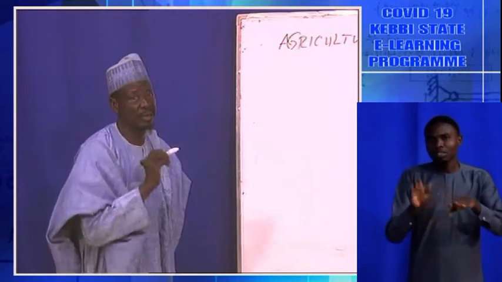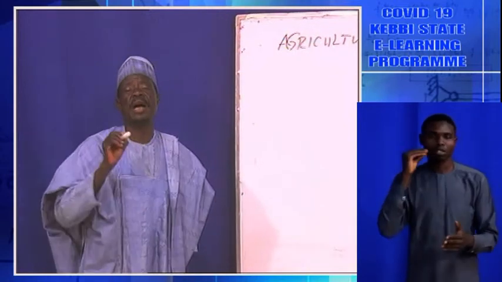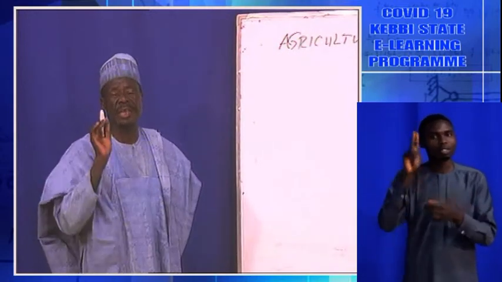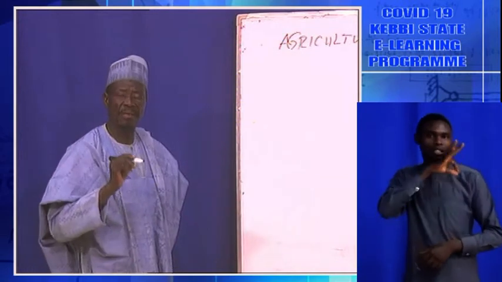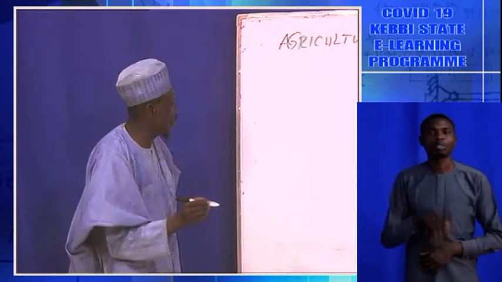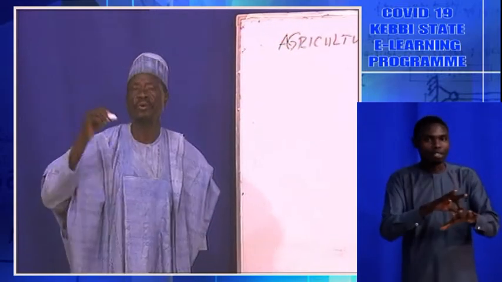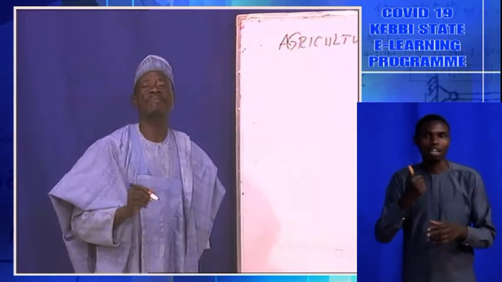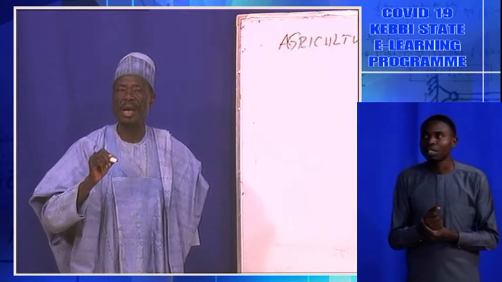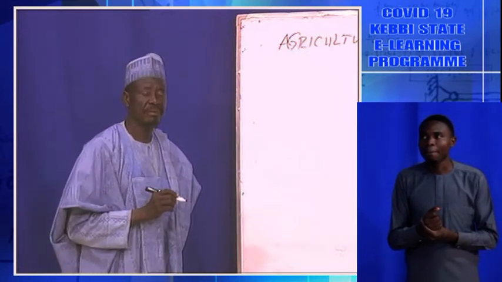Okay, we start with the sizes. Animals are classified in form of sizes, where we have large animals and small animals.